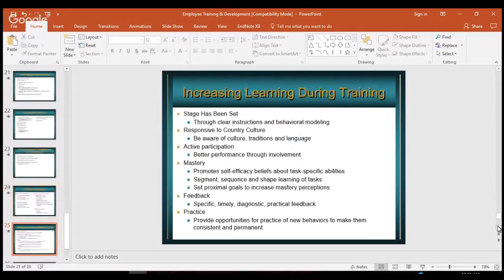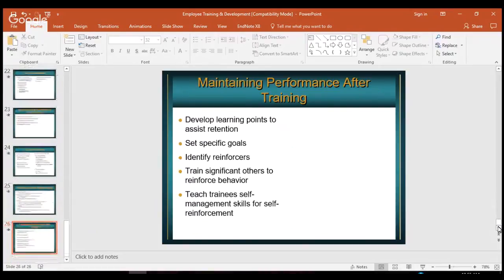So increasing learning during training, we participate, we bring in our own perspectives, we share our team's perspective, but maintaining performance after training, we have to develop learning points to assess retention, set the specific goals, identify reinforcers that we can integrate to ensure that we are using the skill sets that we have learned over time.